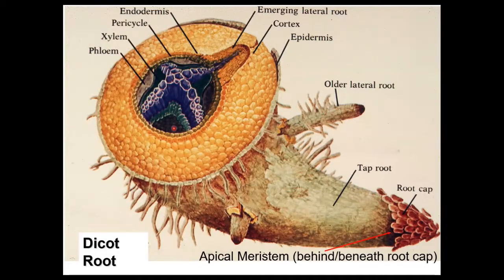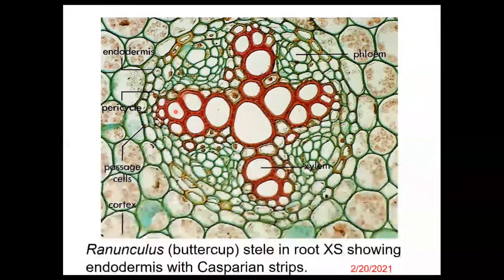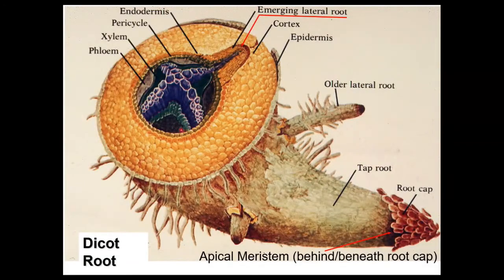And this morning I sent you this, which you don't have as a slide. Okay, and that's the heart, the center of this, the stele. So we have xylem obvious and phloem not so obvious in this diagram, but in this diagram, it's a little more obvious.